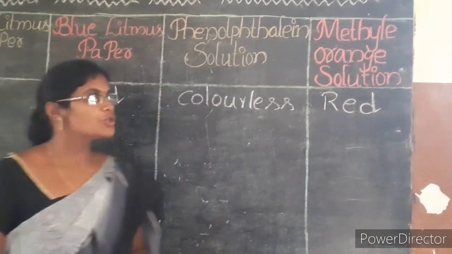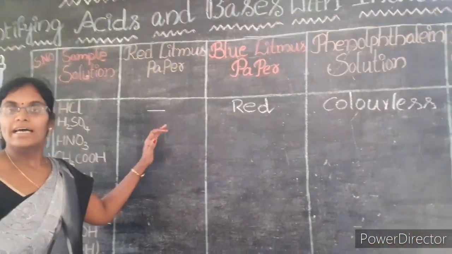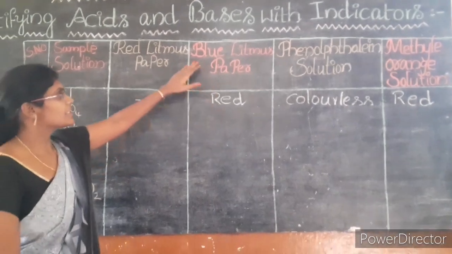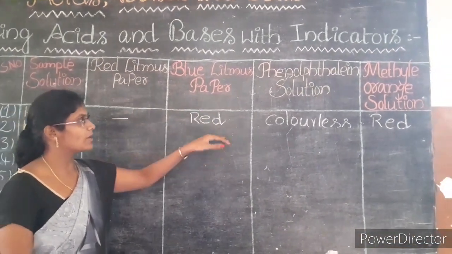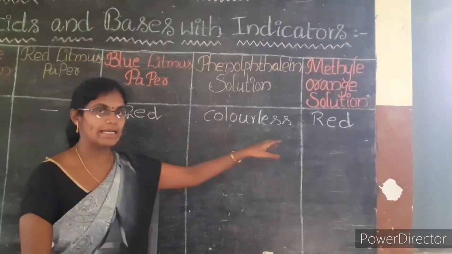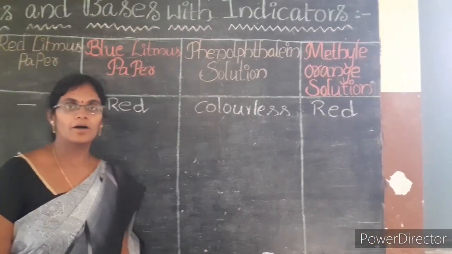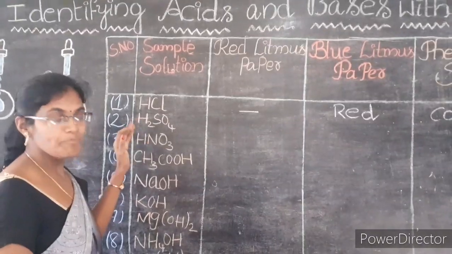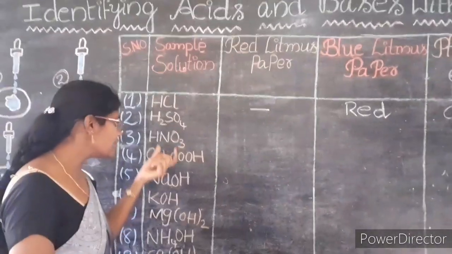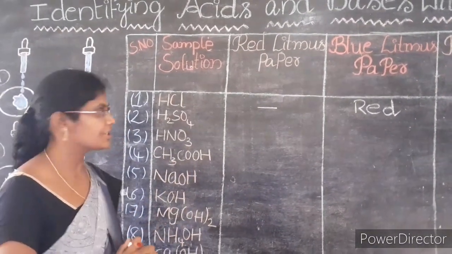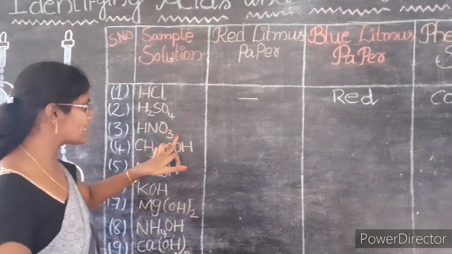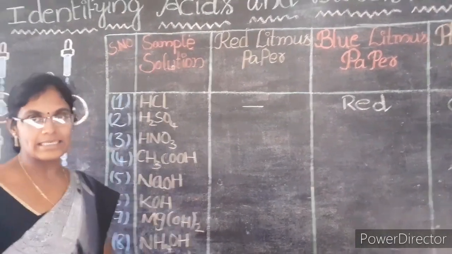So when acids react with indicators, they turn blue litmus paper to red, phenolphthalein solution remains colorless, and methyl orange turns red. Next, similarly, H2SO4, HNO3, CH3COOH. Here H2SO4 means sulfuric acid, then nitric acid and acetic acid.